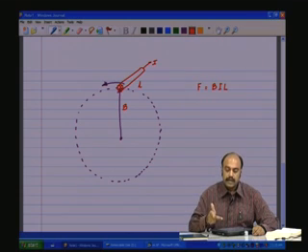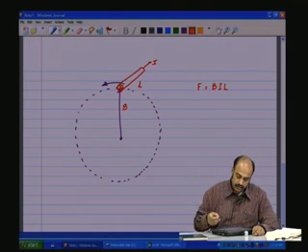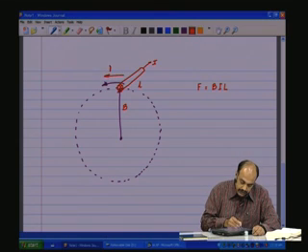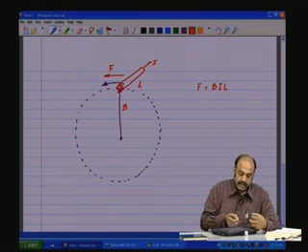The middle finger will give you the direction of the force. So this will cause the conductors to move, and it will try to catch up with the field which is already rotating.